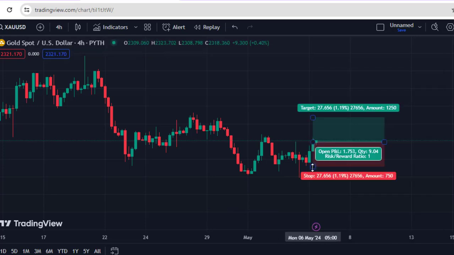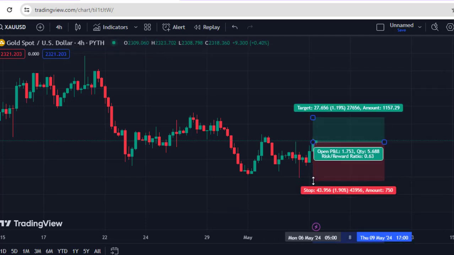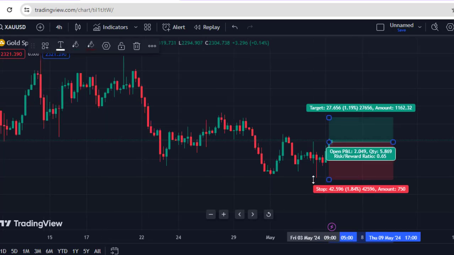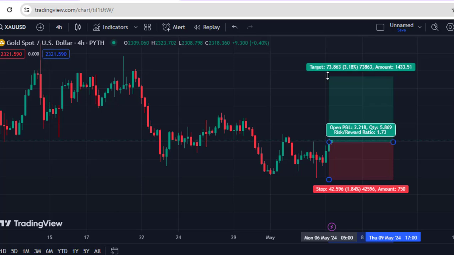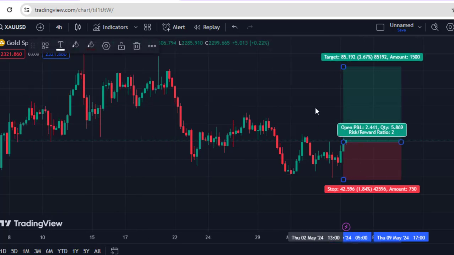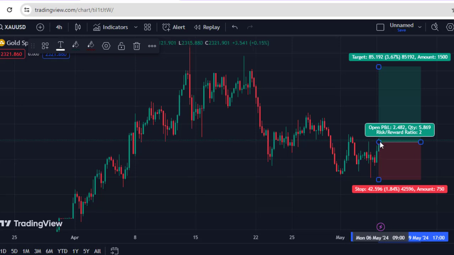So from this very area right here, I will put my stop loss at this very point, and then my take profit target have to be 2 times my stop loss, okay? So from my entry to this very area, this will be my take profit target right at this very point, okay? So from this very area to this very point, I am expecting the market to move upward up to this very area of important resistance.